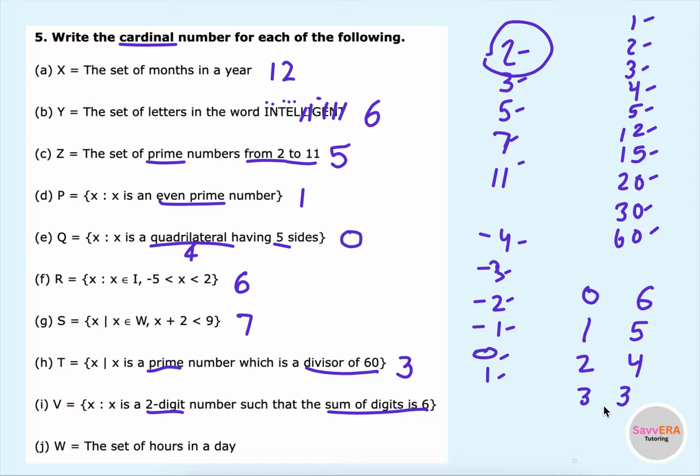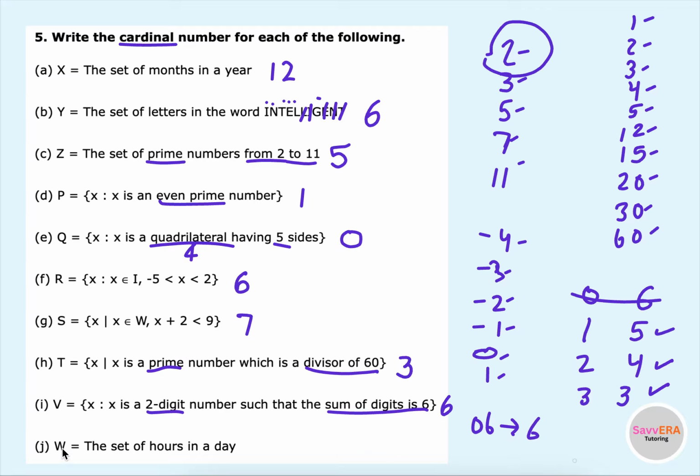But the question says it's a double digit. You cannot write 06 as a cardinal number. We just usually write 6. So therefore this will not be contained in our set. So the ones that are contained are these, so 2, 4, 6. So that would be 6.